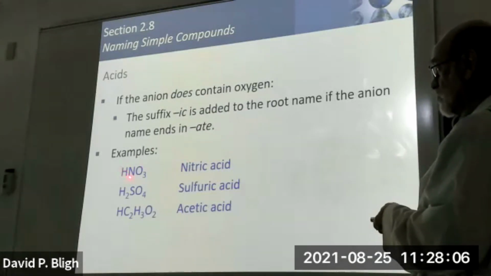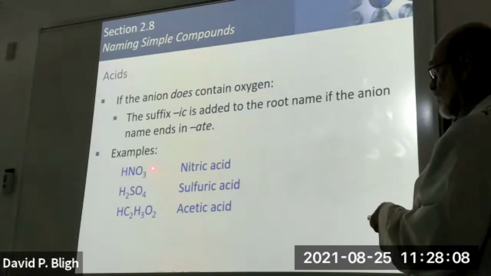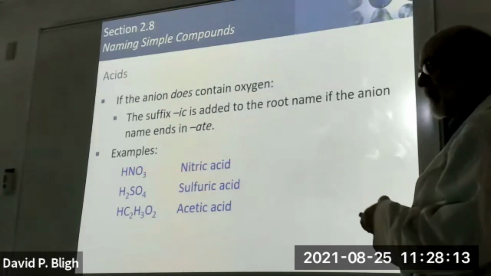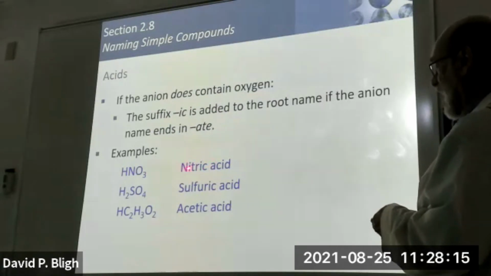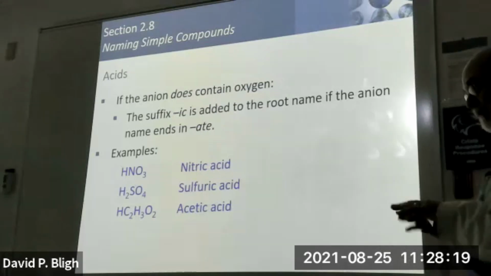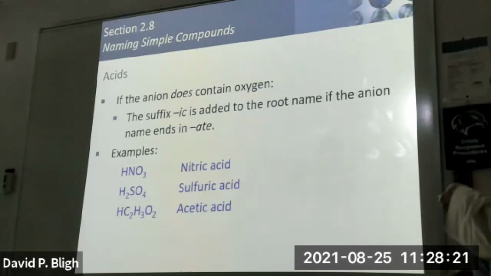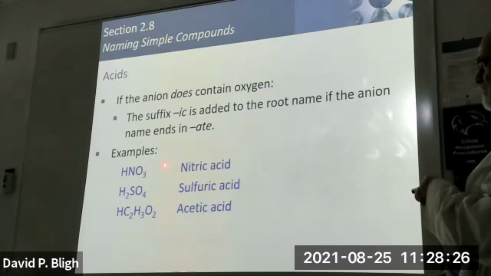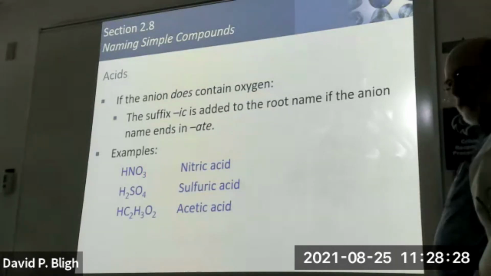They take the anion part of the molecule and decide what is that. That's nitrate. Ate becomes ic. Nitric acid. And that's all you have to say. It's unambiguous. That's the only thing it could be, except they didn't write the aqueous in here. So we have to forgive them for that.